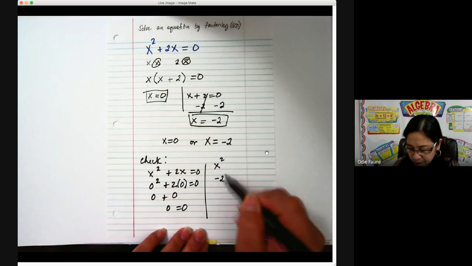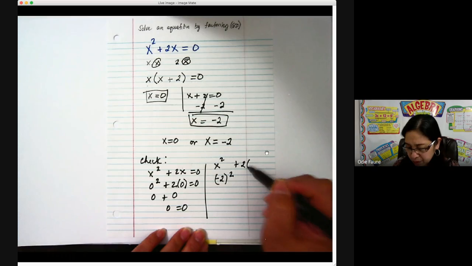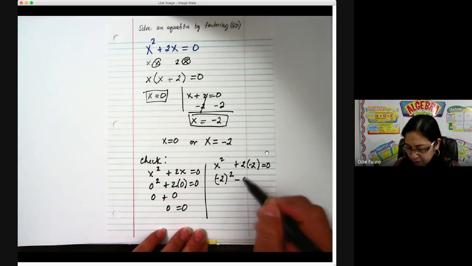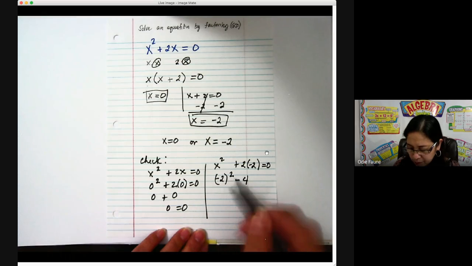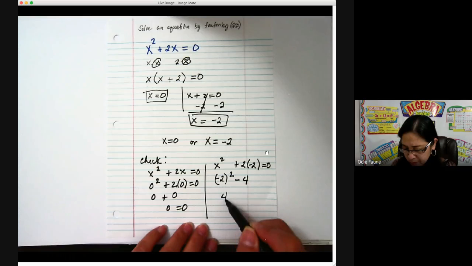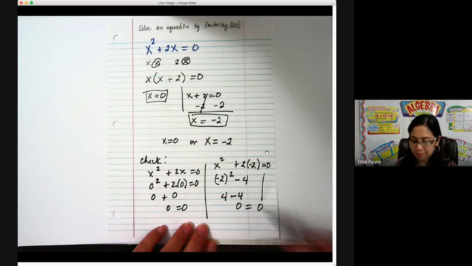This is negative 2, you square that, plus 2 times negative 2 equals 0. So this will be negative 4. Negative 2 to the second power, this is inside parentheses, so this will be positive. So positive 4 minus 4 is 0, and 0 is equal to 0.